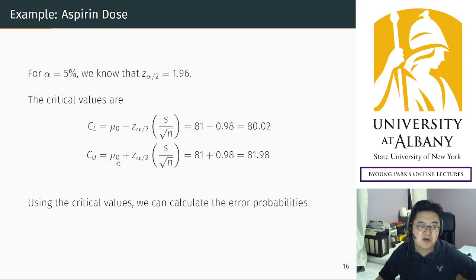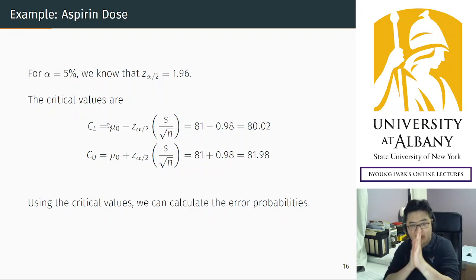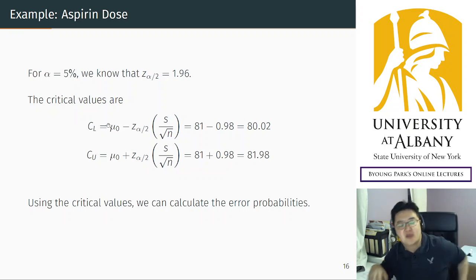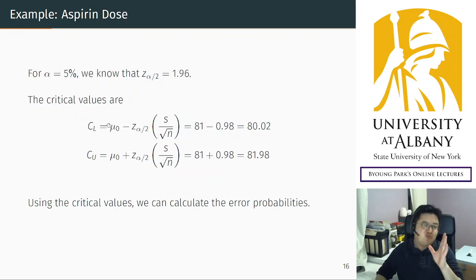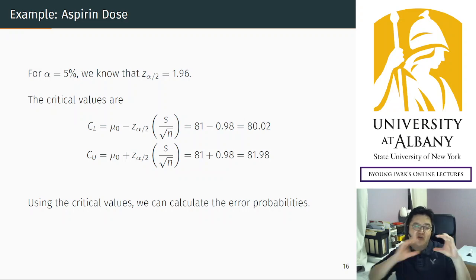First, mu0 is your hypothesis. Your hypothesis is 81 milligram, the expected amount is 81 milligram, but due to measurement error, you are going to allow a certain margin around 81 milligrams. So 81 plus minus a certain margin. This margin is calculated like this.